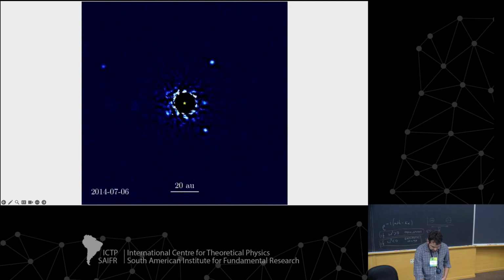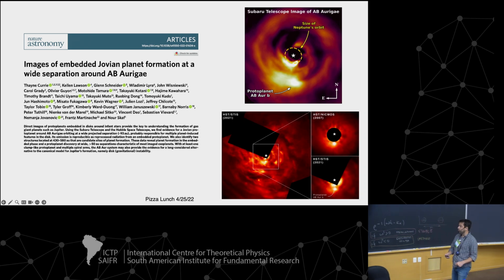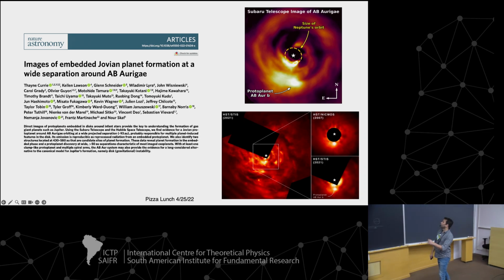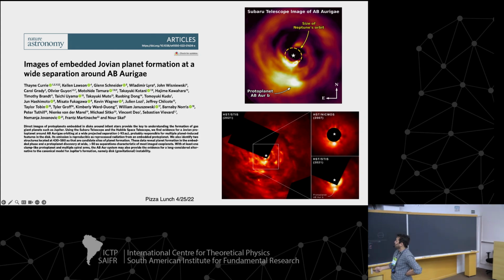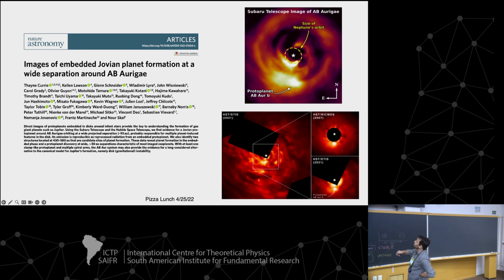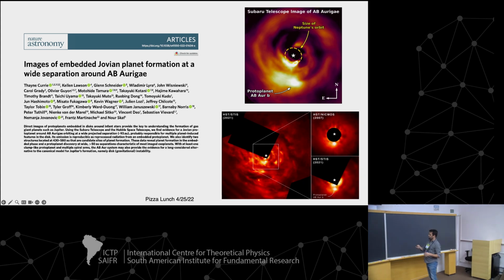Another telltale object that could be formed via gravitational instability is AB Aurigae. AB Aurigae is this object here. This is an image from Hubble, and we claimed back in a paper in 2022 that this is probably an object that is caught in the process of formation via gravitational instability.